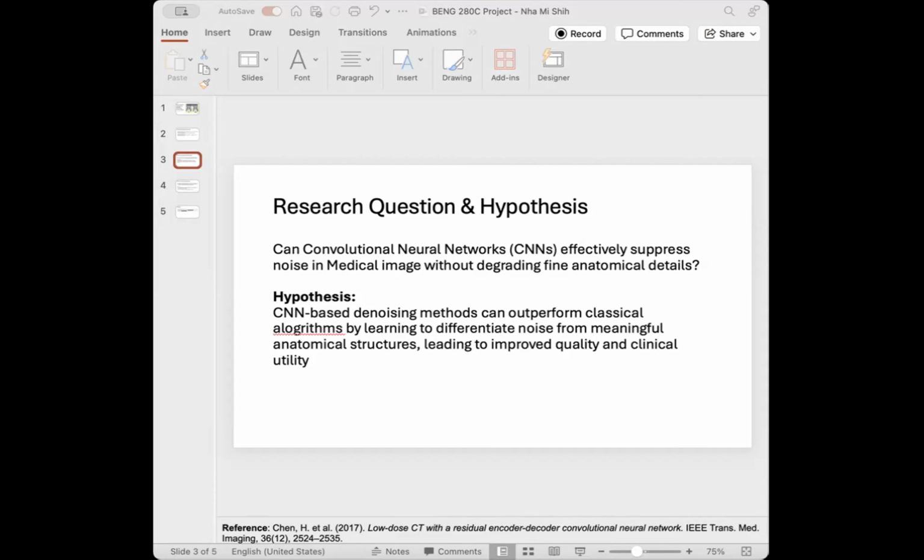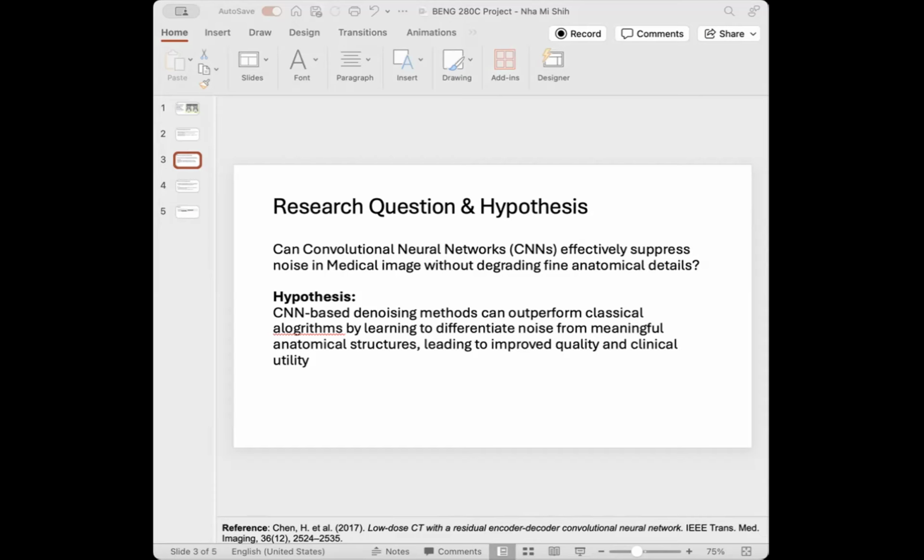My main hypothesis is that CNN-based models can outperform classical methods by learning to distinguish noise from real meaningful structure in medical images. Unlike traditional filters, CNNs are data-driven and can learn complex noise patterns from training data and adaptively apply learned filters that preserve important detail while suppressing unwanted noise.